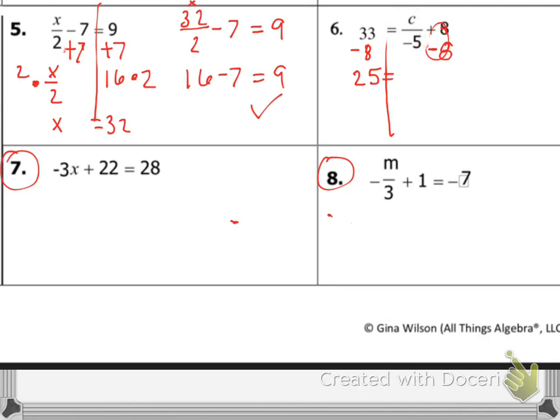If I were in class, I would be physically putting a note card over all these. C divided by negative 5. What's the opposite of dividing by negative 5? The opposite is multiplying by negative 5. Okay, we don't want to divide 25 by negative 5. We want to multiply by negative 5. Always do the opposite.